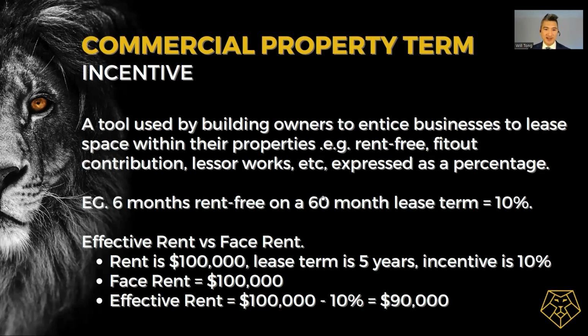So as an example, let's say the rent agreed is $100,000 per annum, and you've agreed to a 5-year lease term and the incentive is 10%, then the face rent is $100,000. Okay, but the effective rent will be $100,000 minus 10% because you're giving away 10% incentive. So the effective rent is $90,000. Okay, so again, when you're going through tenancy schedules, when you're analyzing properties to buy, it's very important to distinguish between face and effective rent.